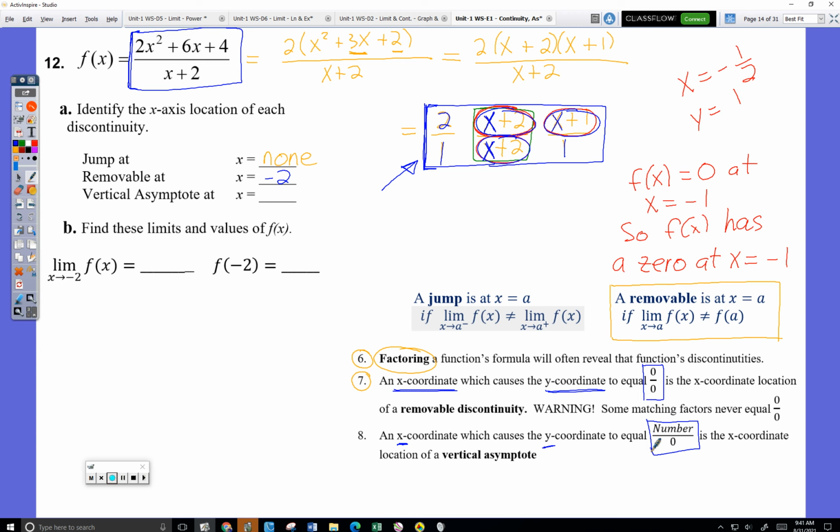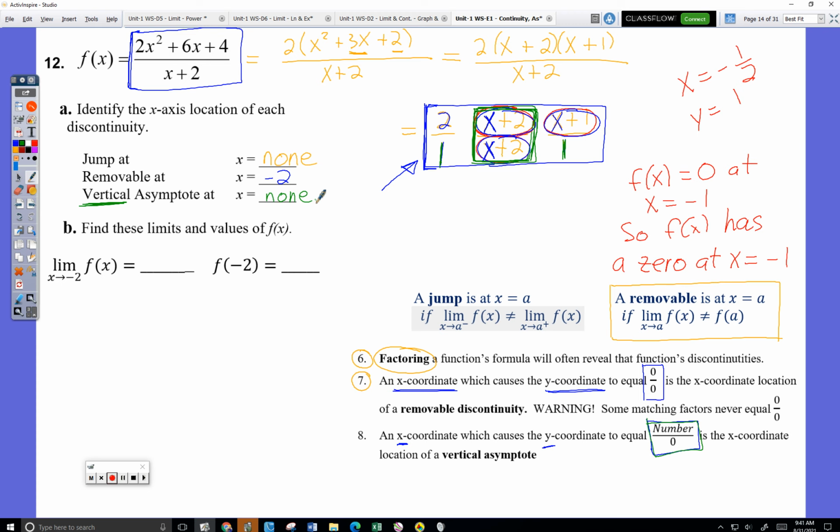Because we know that the green box is what we're focused on when we identified the removable, we don't really look at that any longer when we're looking to see if there's a vertical asymptote. It's still there, but that's what's causing the removable. We're looking to see if there's any other x that can make the denominator 0. And there's no other x's in the denominator, so we do not have a vertical asymptote.